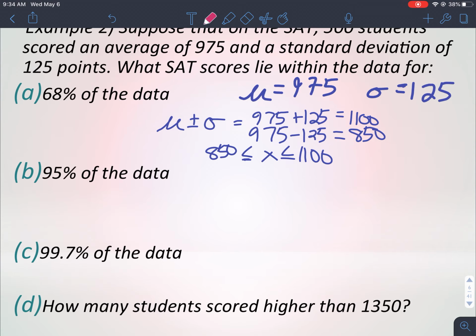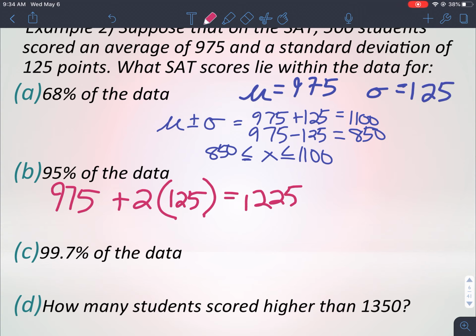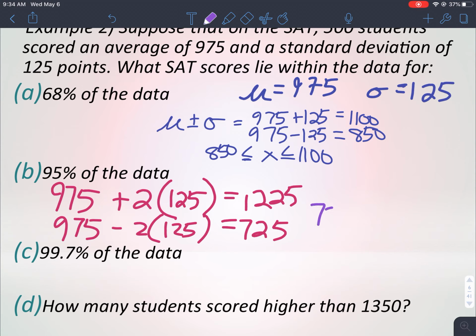All right, for part B, I'm going to take the mean, and I'm going to add 2 standard deviations. So 2 times 125 should get me 1225. And then for mu minus 2 sigma, I'm going to take 975 minus 2 times 125. That will give me 725. So our values should be between 725 and 1225.